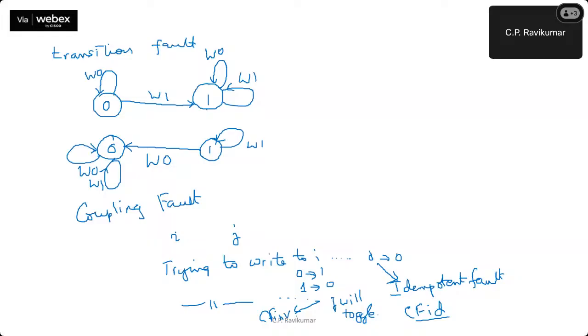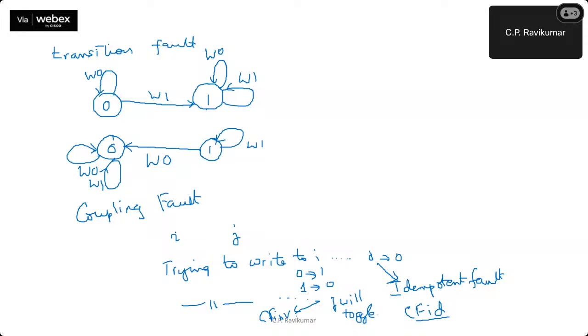Given that we have millions of cells, even if you look at only these faults, let us say transition faults, stuck-at faults, and coupling faults, you will see that the numbers are very large, right? If you allow coupling to exist between any two pairs of cells, then approximately 10 to the power 12 faults will be there, isn't it? So that's a very large number of faults to deal with.